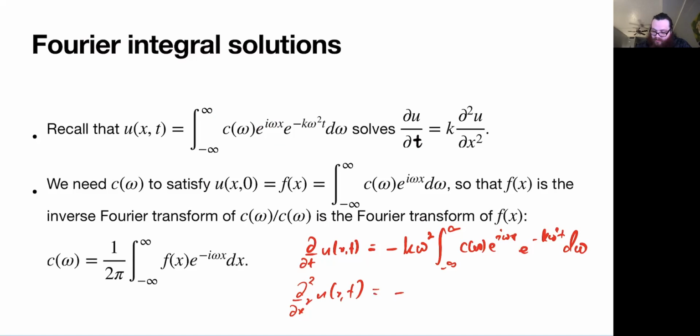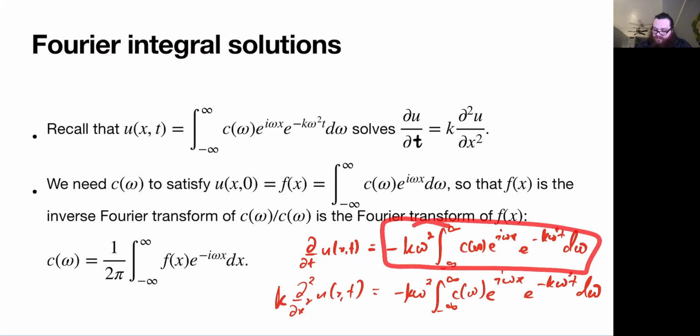So we're going to pick up a minus omega squared, then the integral from minus infinity to infinity of c of omega e to the i omega x, e to the minus k omega squared t d omega. Okay. So you have a k in front there. So multiply by k there, multiply by k there. And then you see that this is equal to this. So then this representation solves the heat equation.